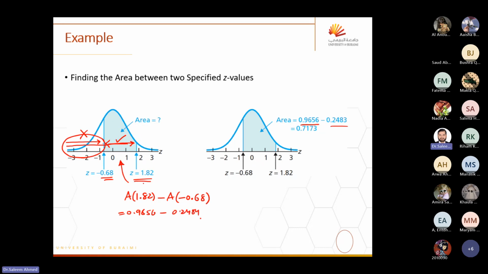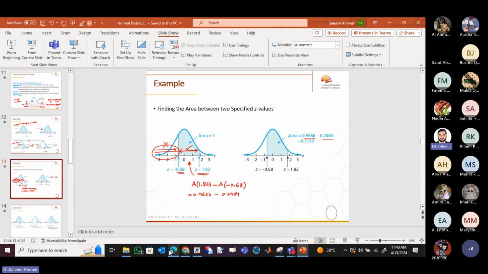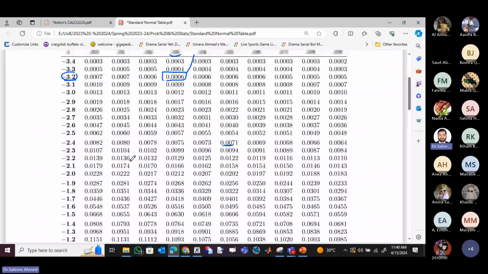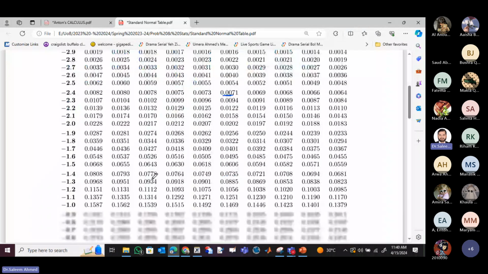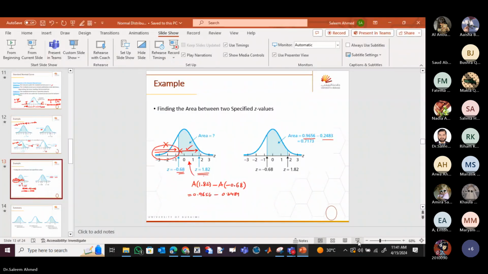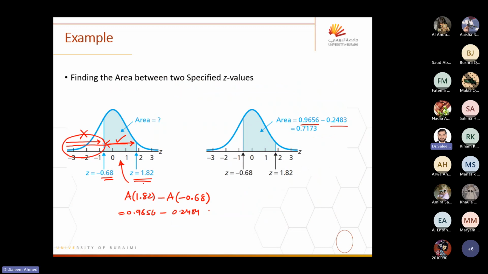You can see in the table, I can show you 1.82 and minus 0.68. 1.82 is this, 1.8 and 2, 0.9656, and the second one was minus 0.68. Minus 0.68 is here, minus 0.6 and 8, 0.2483. So see, 0.9656 and 0.2483. Clear? So these are the two areas. Then you can subtract and get the answer.